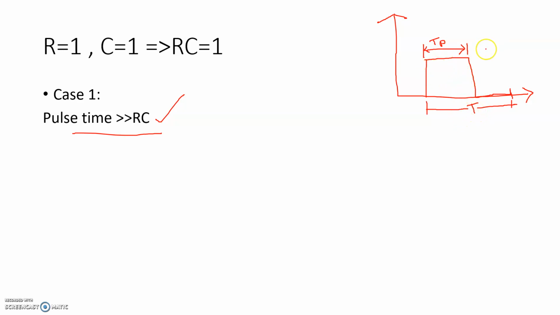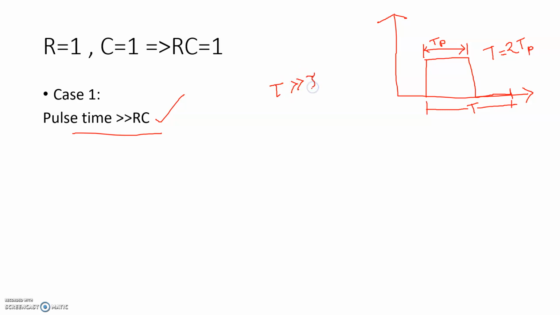Because for a square waveform, T is equal to 2 TP, since the time for which the pulse is taking high amplitude is equal to the time for which the pulse is taking low amplitude or 0 volt. So if TP is very much greater than RC, then obviously T is very much greater than RC. That means the time period of the pulse is very much greater than RC. Now just understand simply that the time period is very much greater than the time constant.